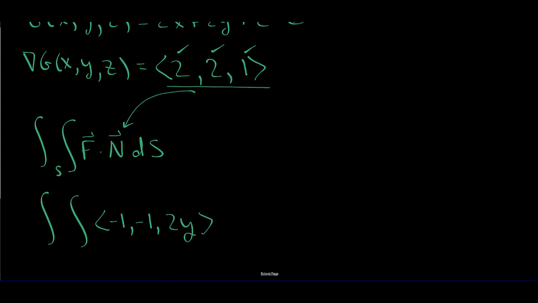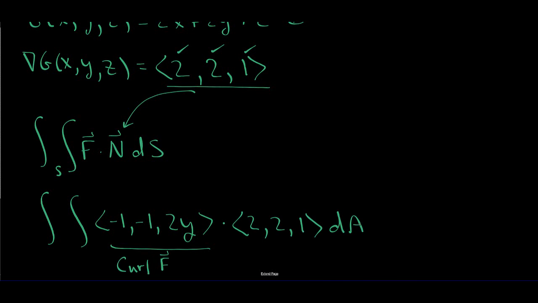So this is playing the role of my vector field. Okay, so this is the curl of f. So you can kind of match it up. Now I'm going to dot it with this n, 2, 2, 1, and then I've got dA here.